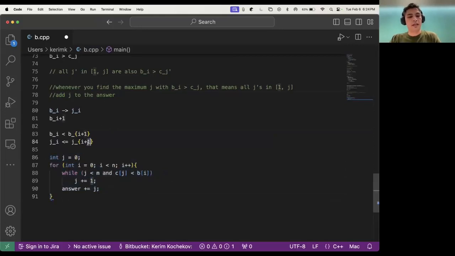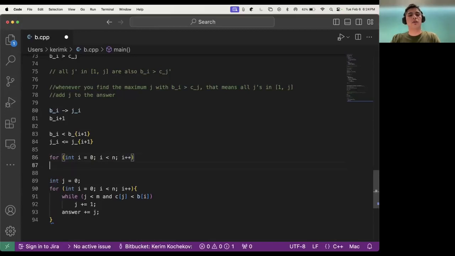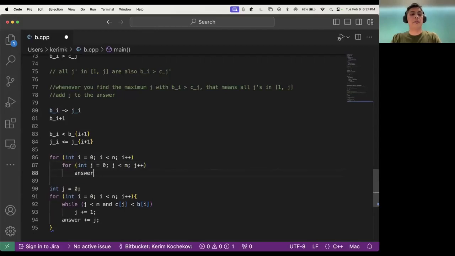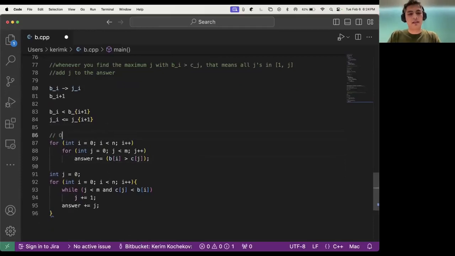This will be doing the same job as the following brute force solution, which just counts all pairs where B_i is bigger than C_j. Both of these implementations do the same job. However, if I analyze the time complexity, the brute force would be quadratic time.